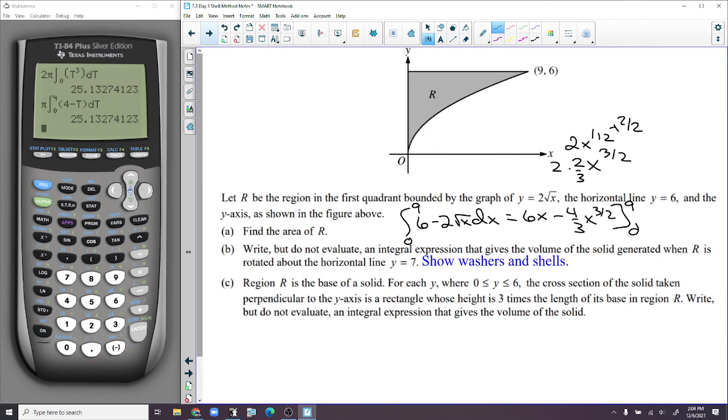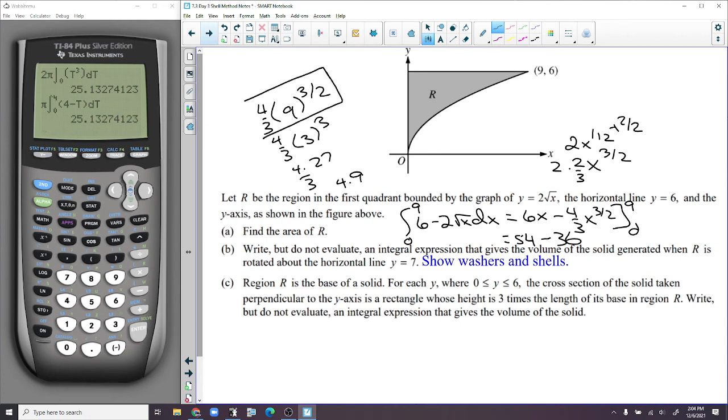I got the 54. 54 minus, let's see, 4/3, 9 to the 3 halves. Square root of 9 is 3. 3 to the 3rd is 27. 27 divided by 3 is 9. 36.